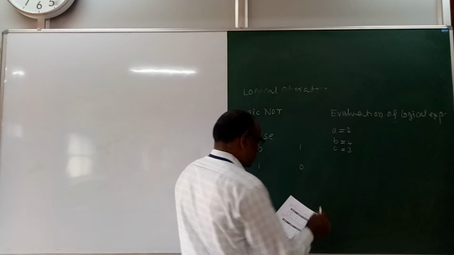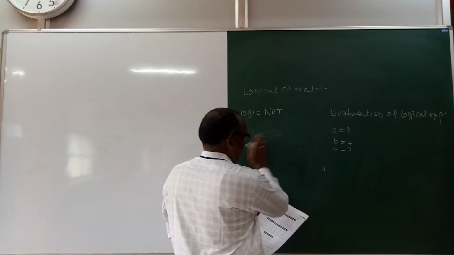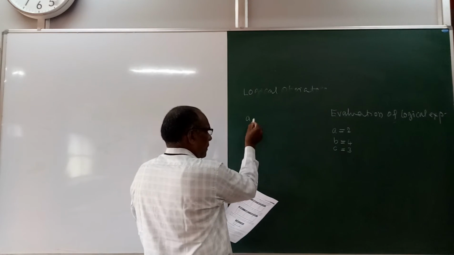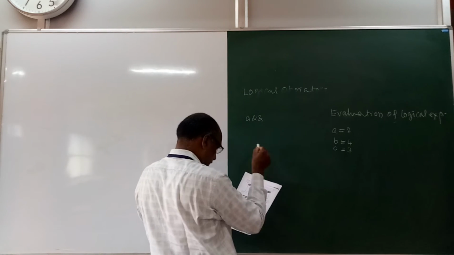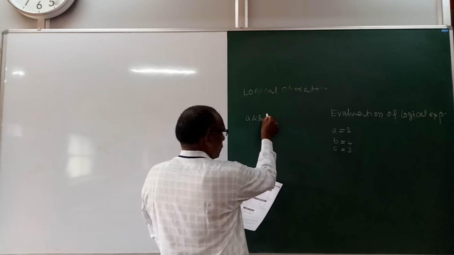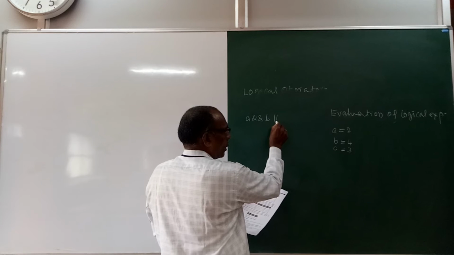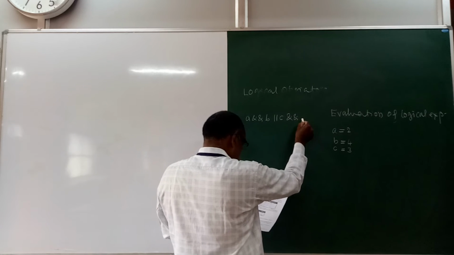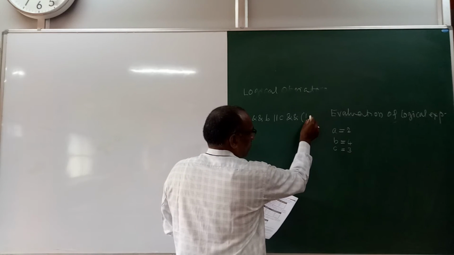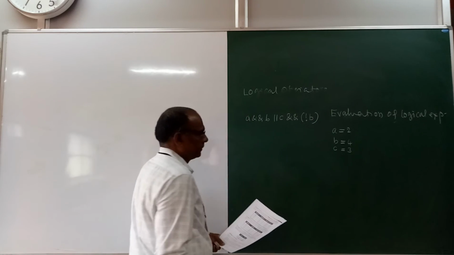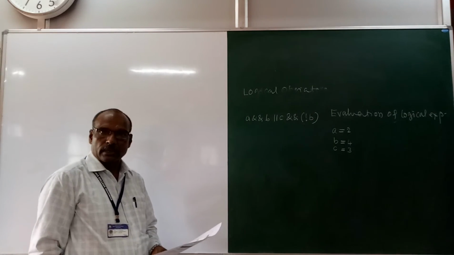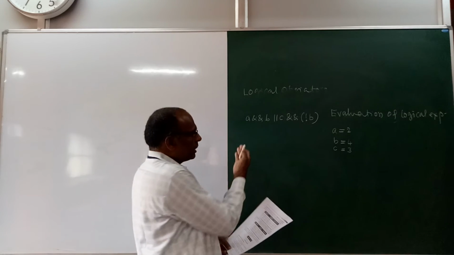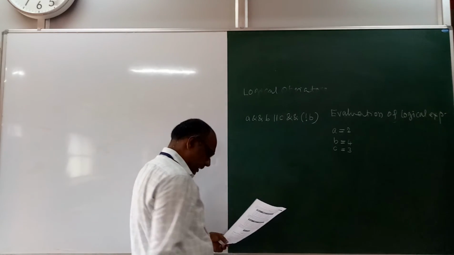Variable A, logical AND, variable B, then logical OR, variable C, logical AND, and NOT B. This is called a logical expression, a C language expression written using logical operators.